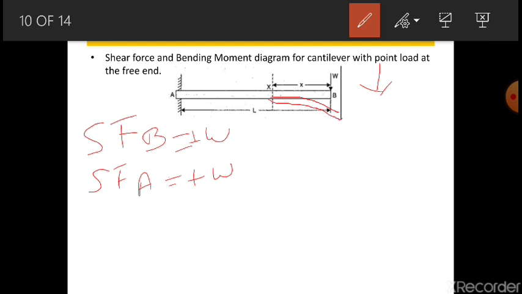This is trying to make a sad face, right? You're applying a load here and it is trying to make a sad face, so it will be negative, that is hogging, as I said in the previous class. So the value will be negative.